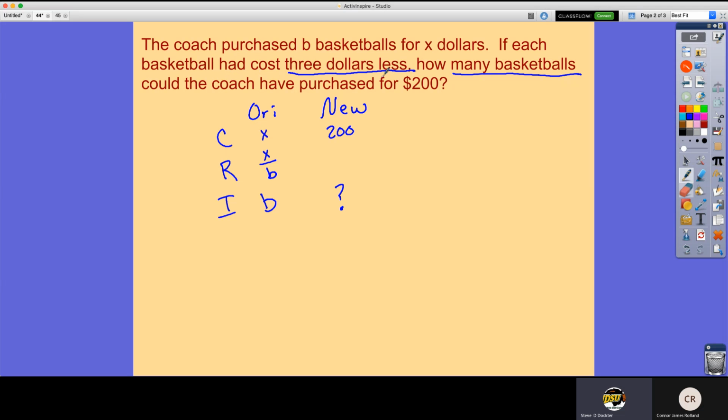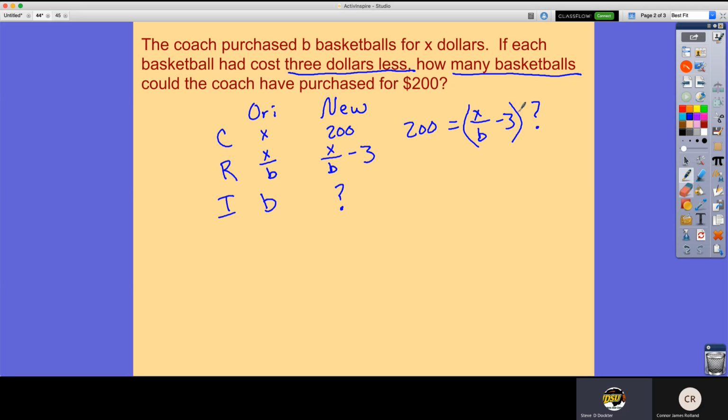So how's that going to affect our rate? X over B minus 3. All right, chart's filled in. There's our equation, 200 equals X over B minus 3 times our question mark. Kind of the same concept as the last time.